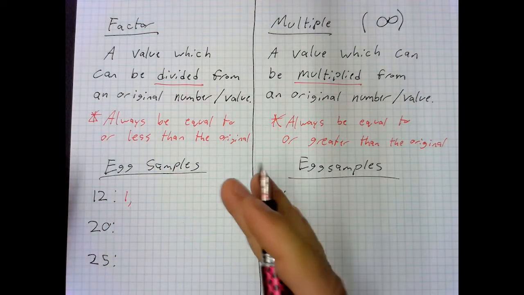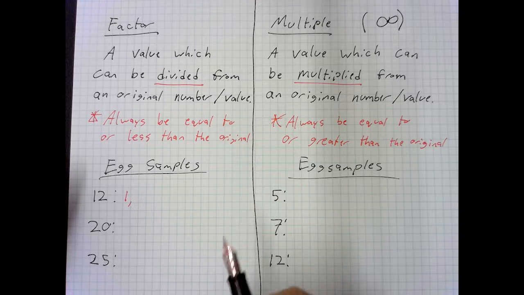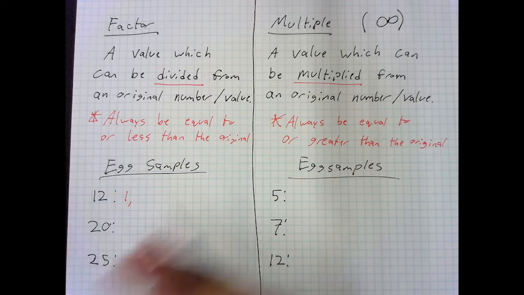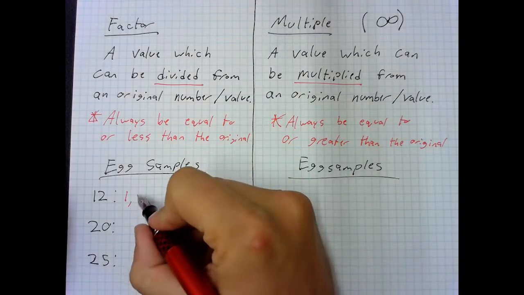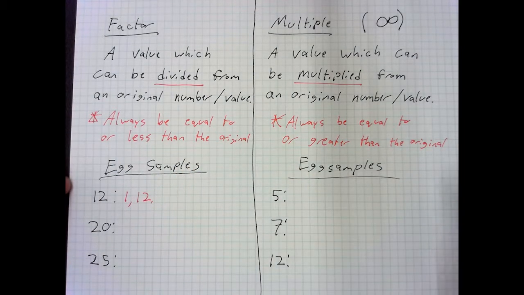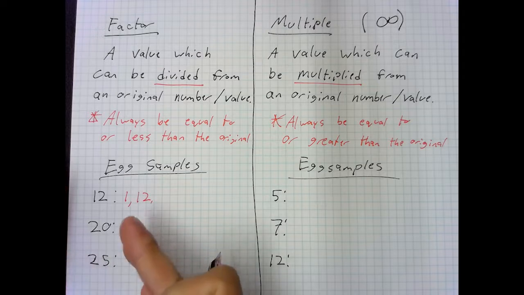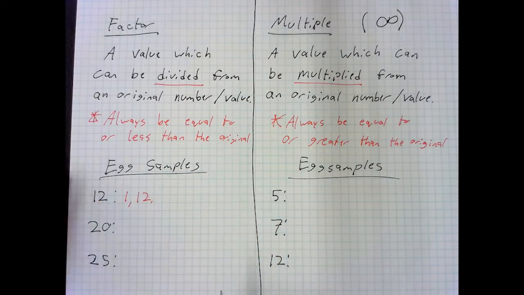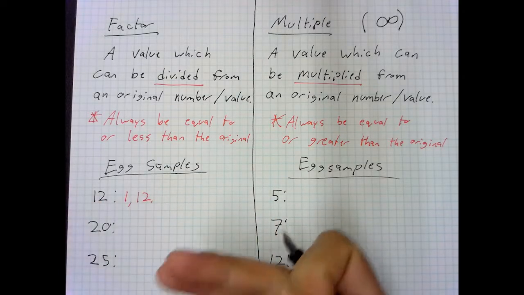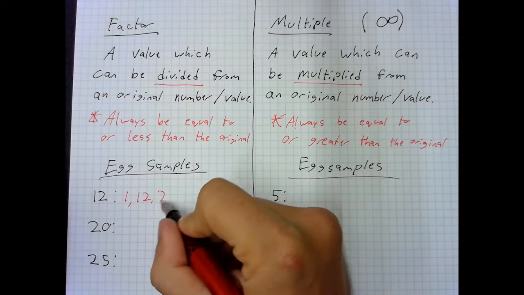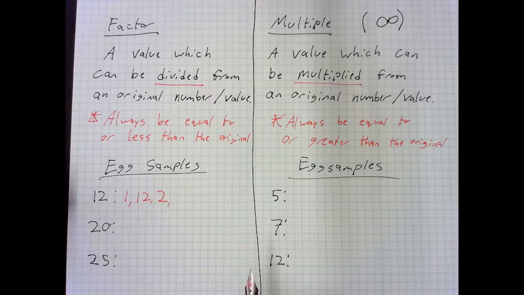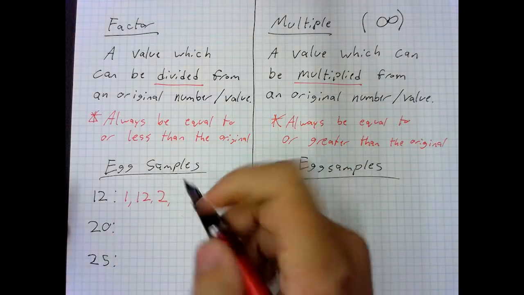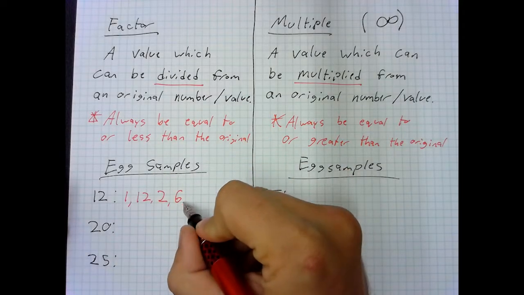And an easy way that you can find more factors is do that division. 12 divided by 1 is going to give us 12. And we've already found 2 factors of 12. Another set, since that's an even number, we can divide all even numbers by 2. And then we think, all right, what is 12 divided by 2? That's going to be 6. So we'll include 6 in that.